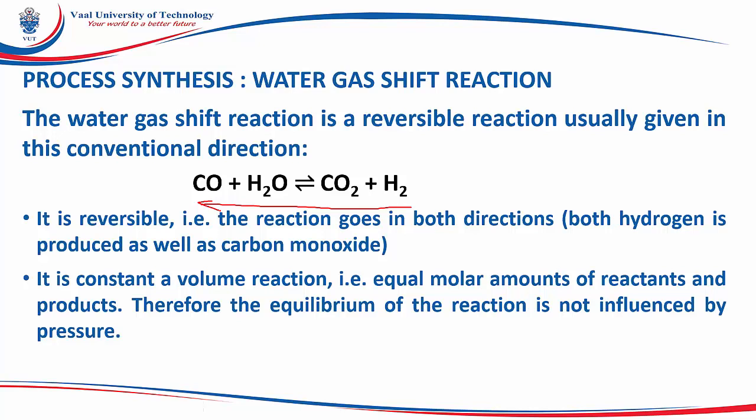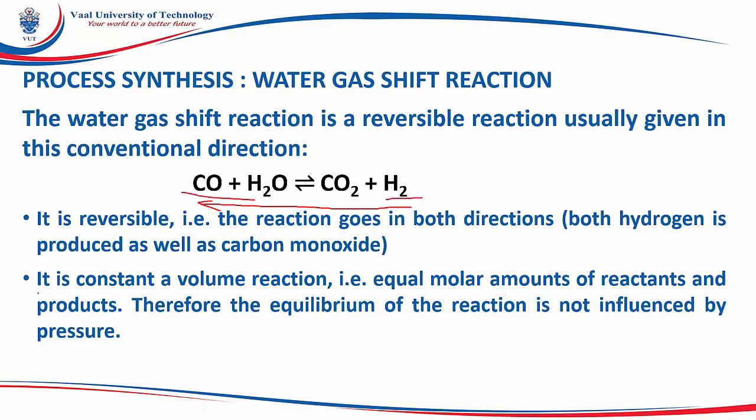All we are saying is that the conventional format it is usually presented in is water and CO going to form the gases. It is reversible, meaning that the reaction goes in both directions. Both hydrogen, this side, and carbon monoxide, this side, get produced.